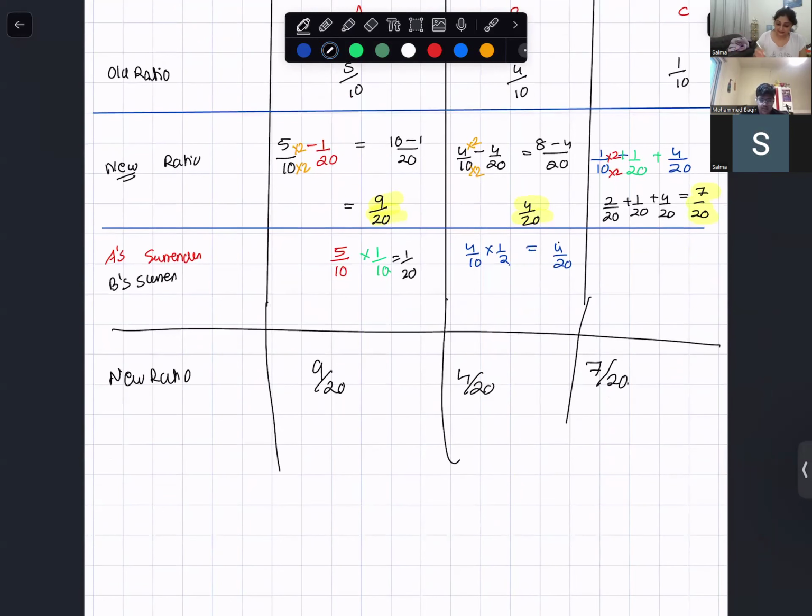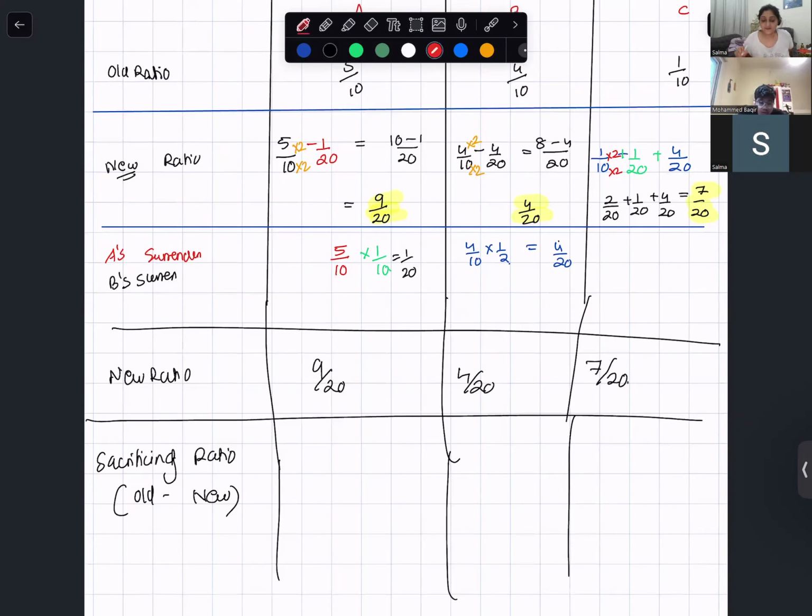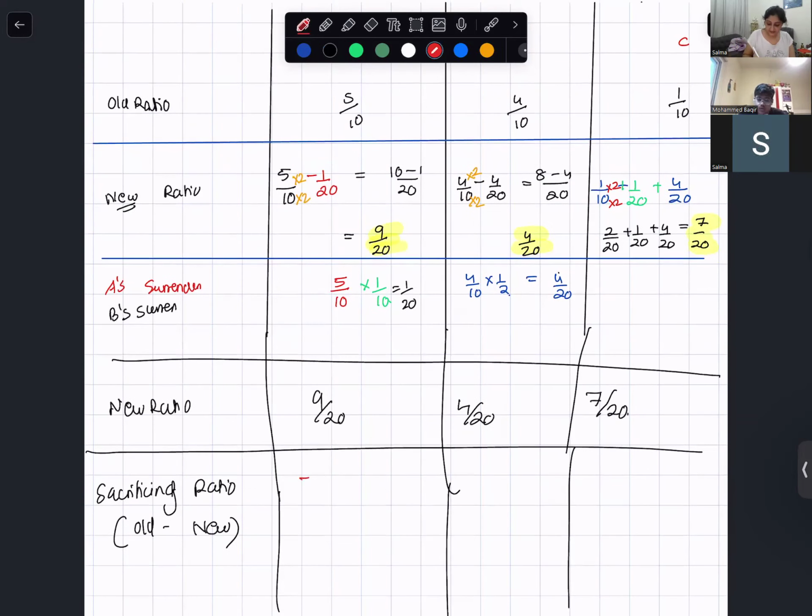Now find sacrificing ratio. Sacrificing ratio will be old ratio minus the new ratio. If the answer is positive, it will be sacrifice. If the answer is negative, it will be gain. So 5/10 minus 9/20, 4/10 minus 4/20, 1/10 minus 7/20.